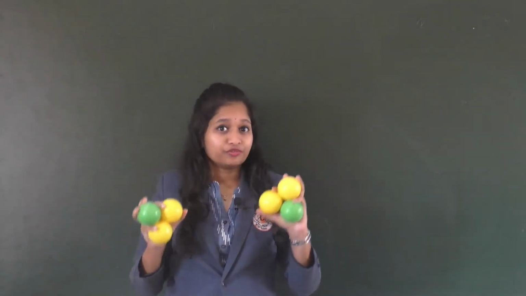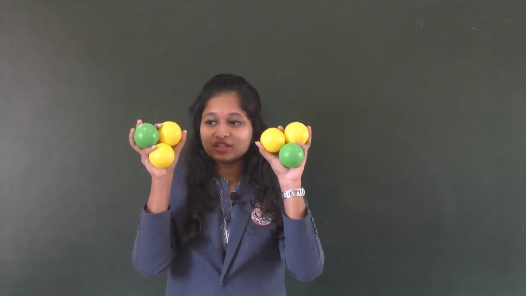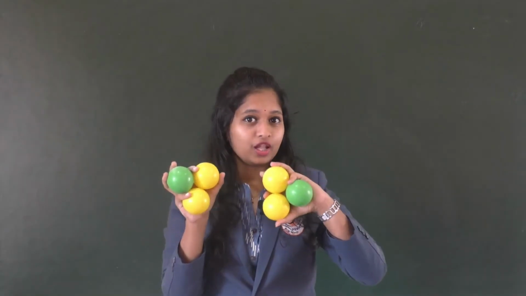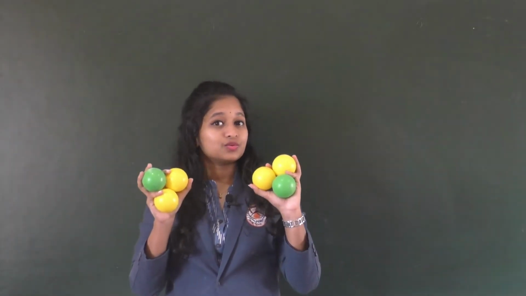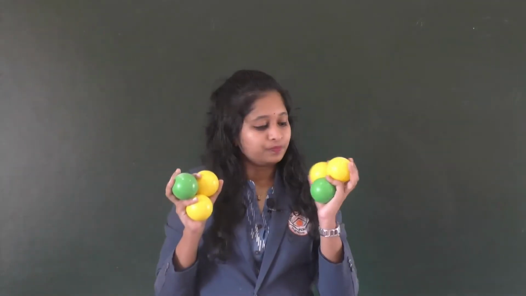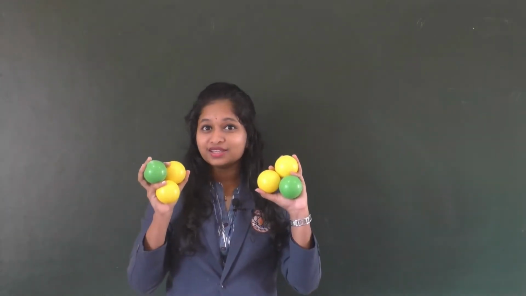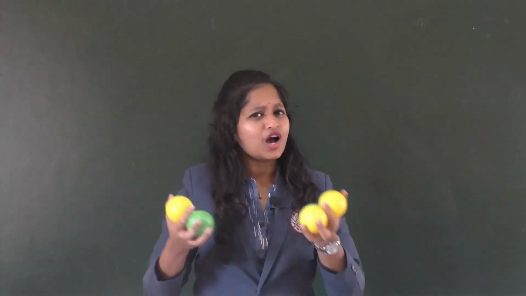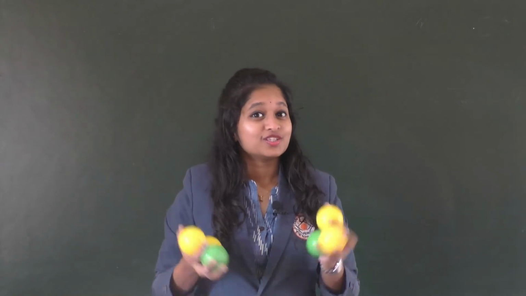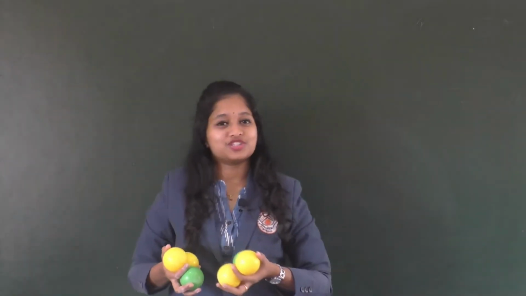And what is the fraction of yellow balls? In total, there are 4 yellow balls. So the fraction of yellow balls is, yes, 4 by 6. So how to form a fraction? Let's learn in detail about it today.